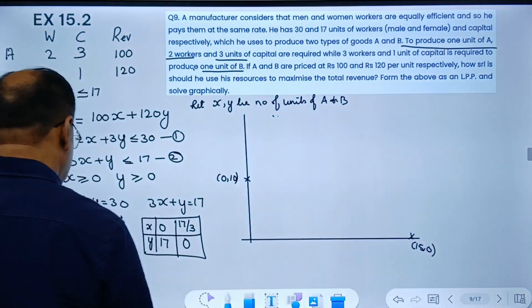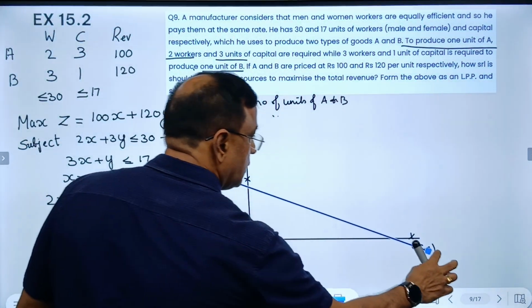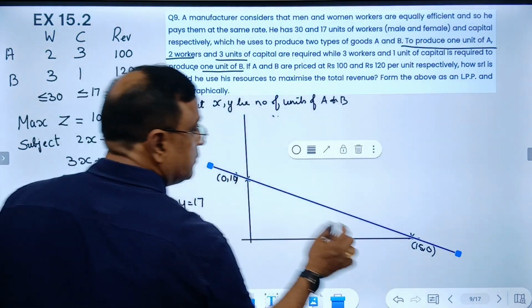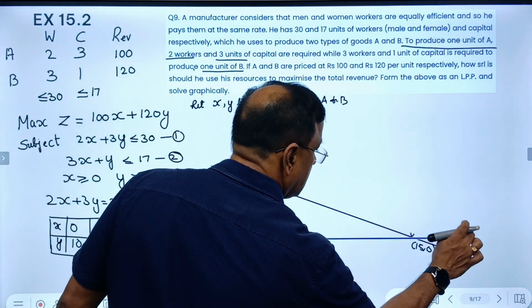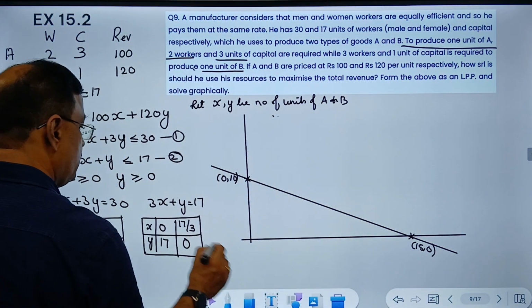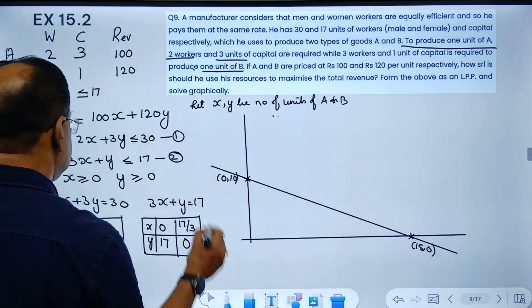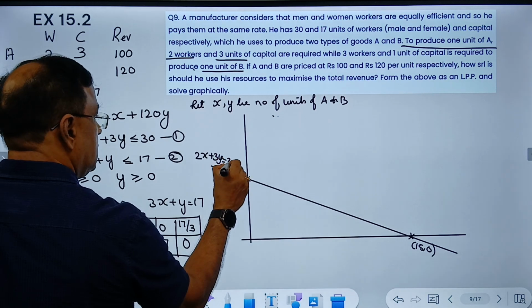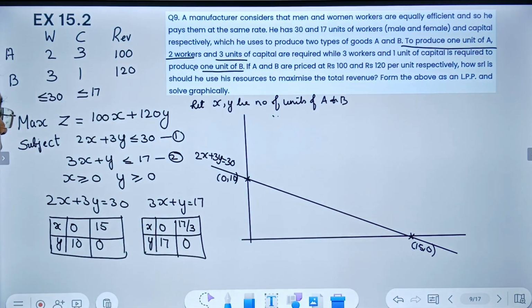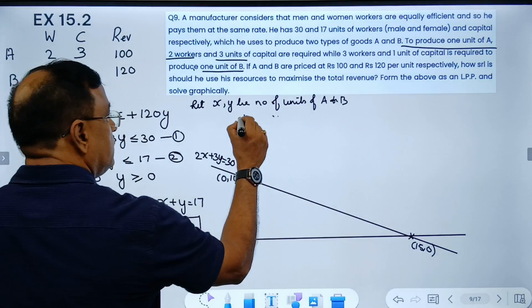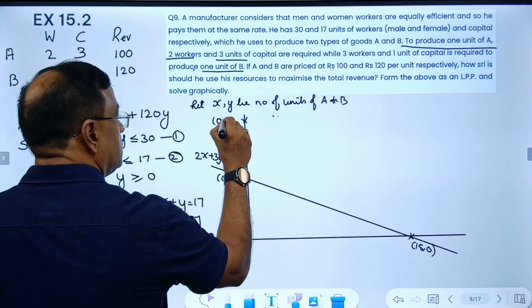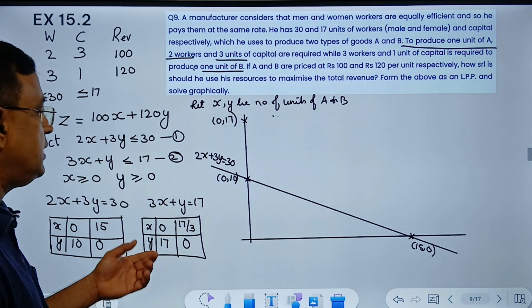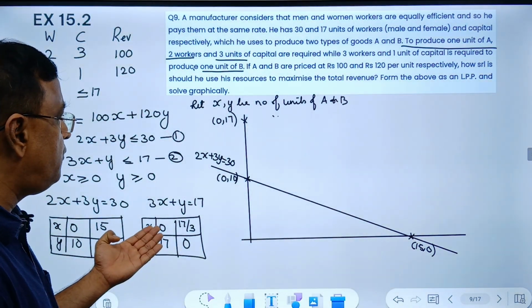So let me draw the line. So this is the first line. What is the equation of this line? The equation of this line is 2x plus 3y equal to 30. Now I have to draw the next one, 0 comma 17. So 0 comma 17 is here, and 17 by 3 is like 5 point something, right?